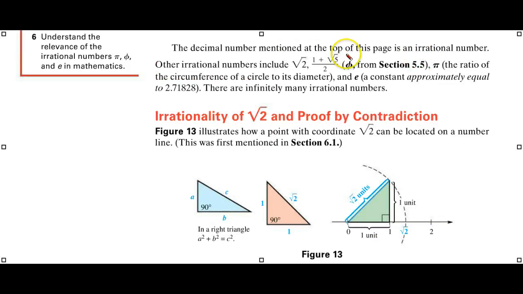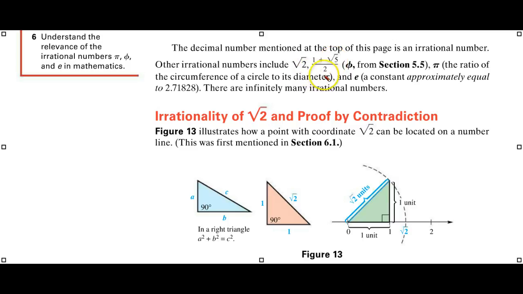Some we had mentioned earlier was the square root of 2. And when you see that you have a radical in a particular term, this is considered irrational because of the presence of that radical.